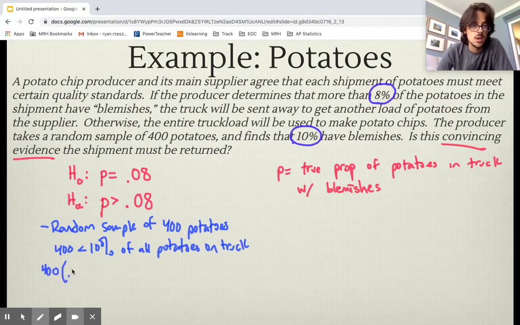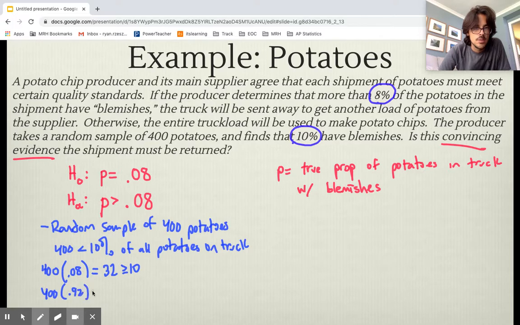So I would do 400 times 0.08, which is 32. So that's greater than or equal to 10. And then I would do 400 times 1 minus 0.08, which is 0.92, and that is 368, also greater than or equal to 10. That means your distribution is approximately normal and we can move on.